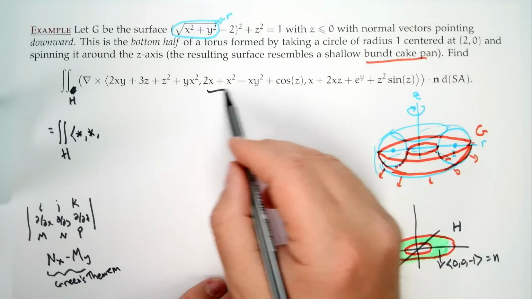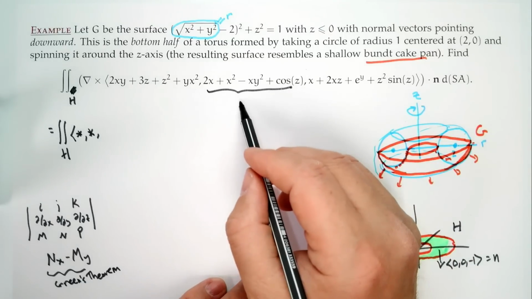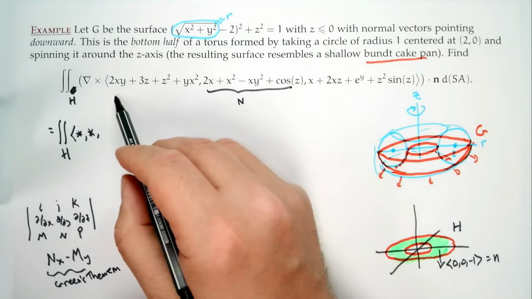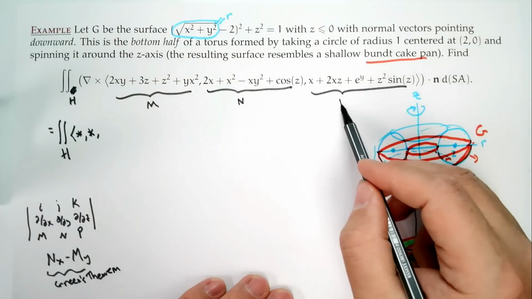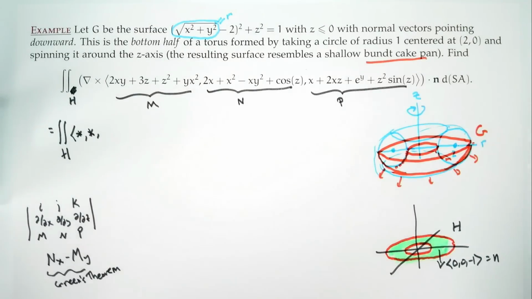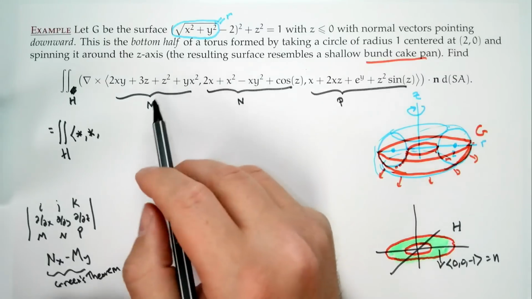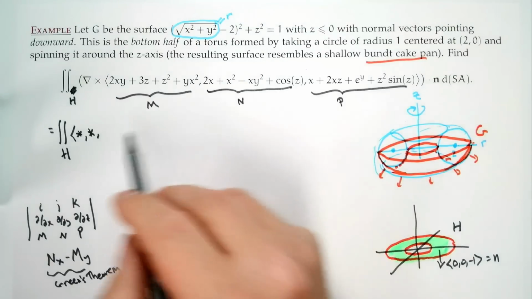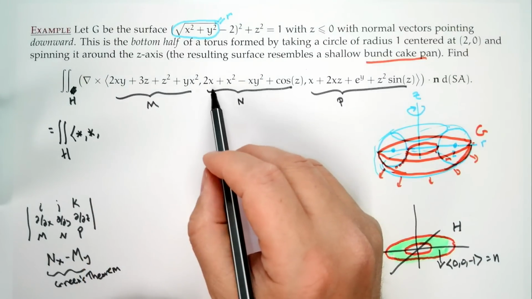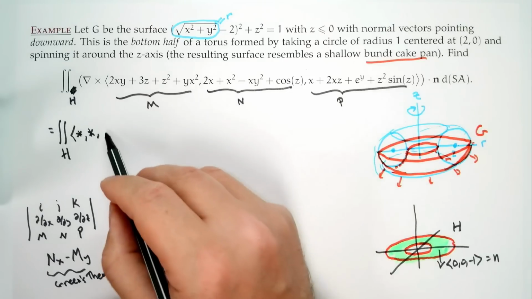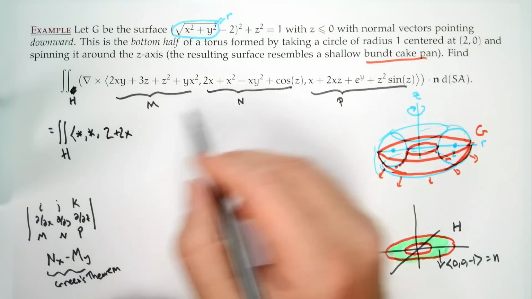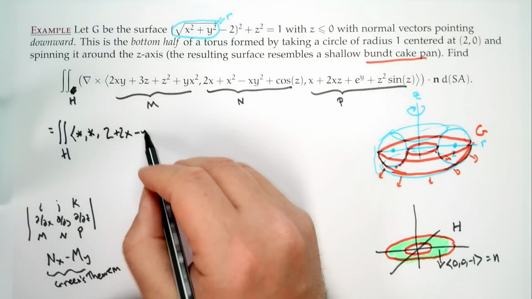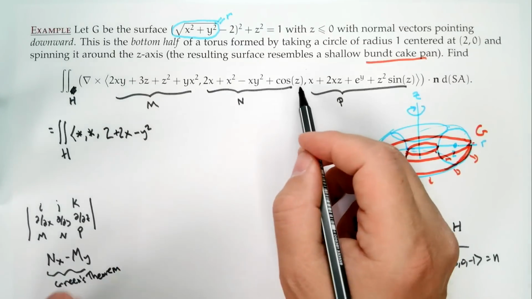So you come in here, this is your n, and over here is your m, and this goes away. We don't care, that's p. So we take our n sub x. What does that turn out to be? You get 2 plus 2x minus y squared, and nothing from cosine z.